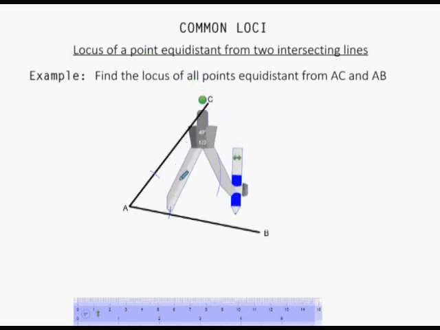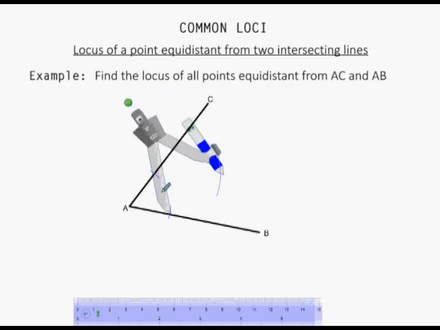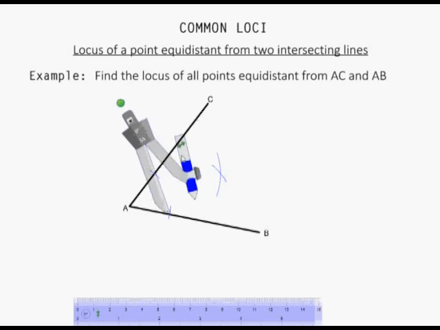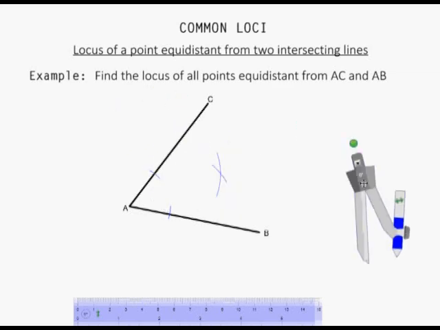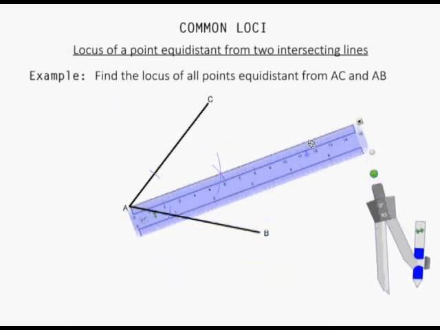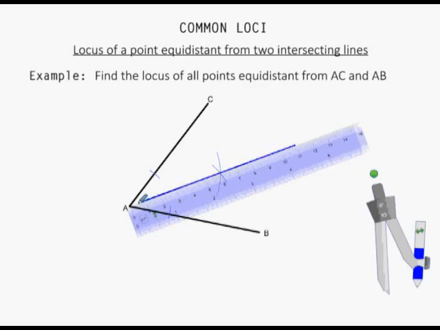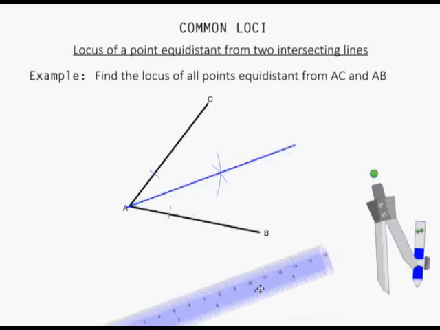Maintain the same distance and come to this other point and mark a second arc. Now join the vertex to the intersection. That is the bisector, and all points on that line are equidistant from AC and AB. And so the locus of a point equidistant from two intersecting lines is the bisector of the angle between the two intersecting lines.